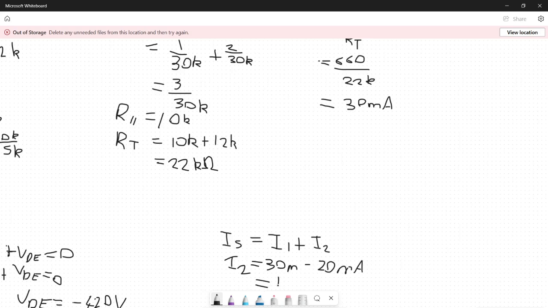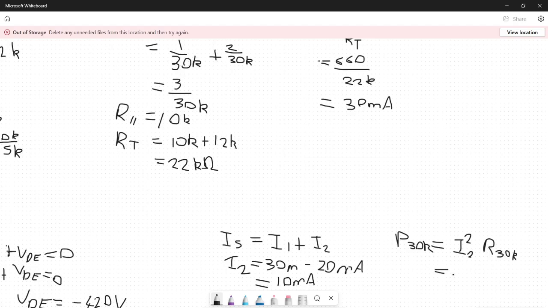And that's going to be 10 milliamps. And we're going to say that the power of the 30K is going to equal I2 squared, not over, it's going to be I squared R30.